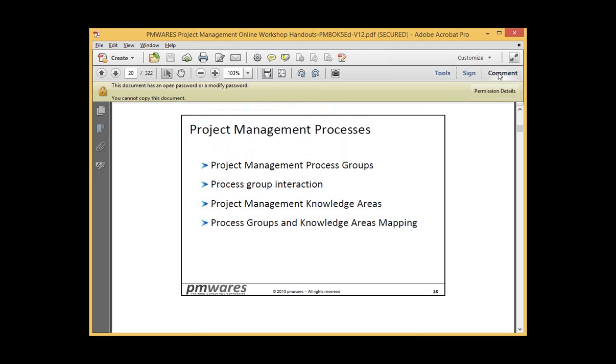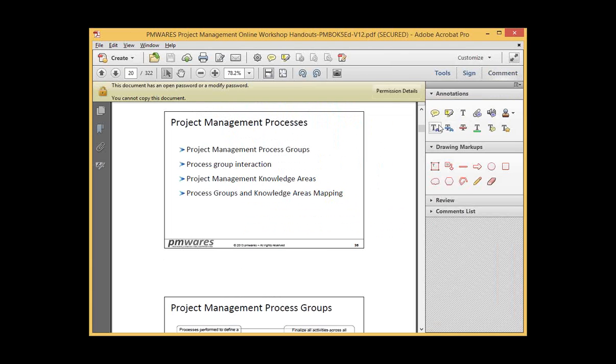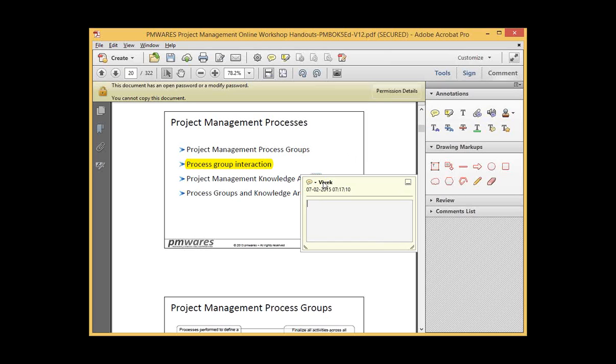You have a comment option here. When you click on this, a box will open which you can use to make your comments. Suppose you think that this process group interaction is very important for you. You want to highlight, so you click on this and you can highlight it. If you want to make a specific comment on something, you click on this, put it near where you want it and type your comments here.